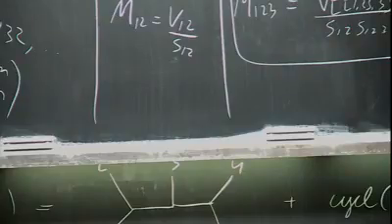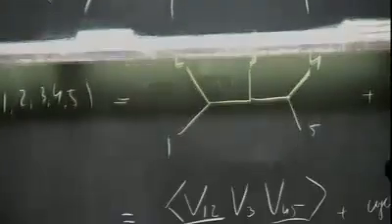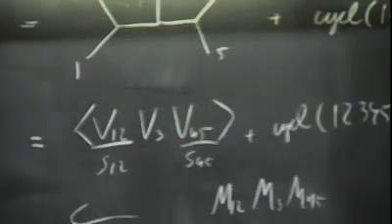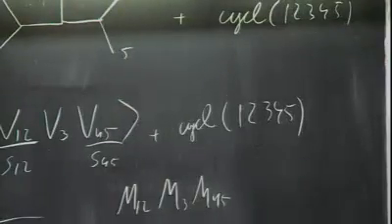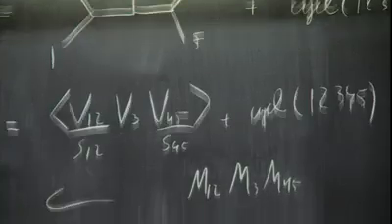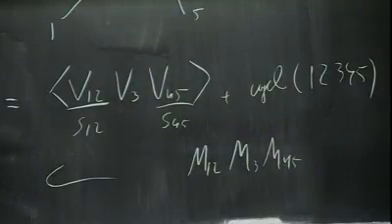So the amplitude here is M1,2 M3 M4,5 plus cyclic permutations, and this expression here is not the same as that one. So what can you do? It's not naively the same, but it's BRST equivalent.